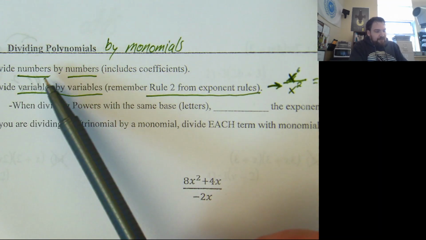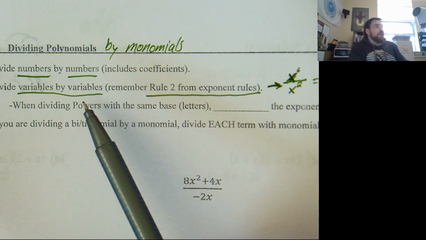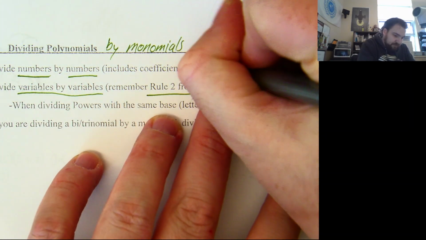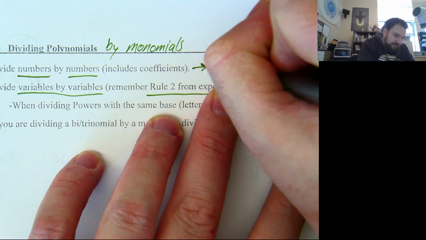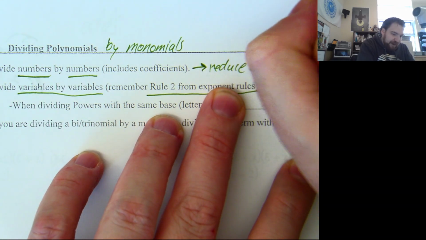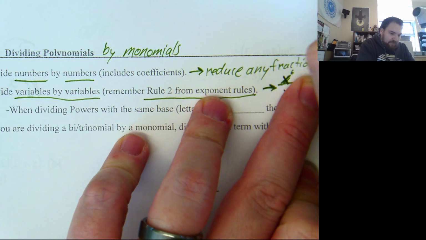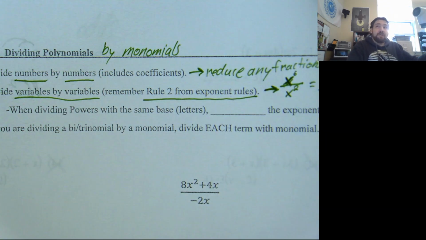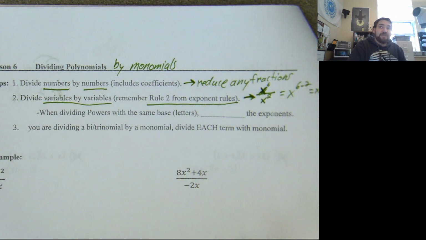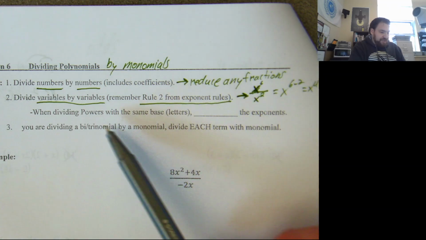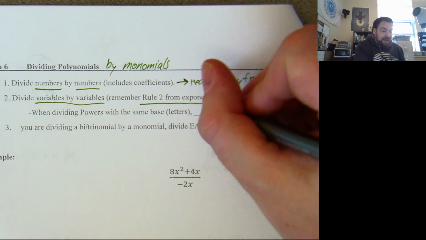When I say we're dividing numbers by numbers, if the numbers don't divide all the way, you still need to reduce. Again, I'll show you what I mean here. Reduce any fractions. Use our exponent law for division, which is when dividing powers with the same base, subtract the exponents.